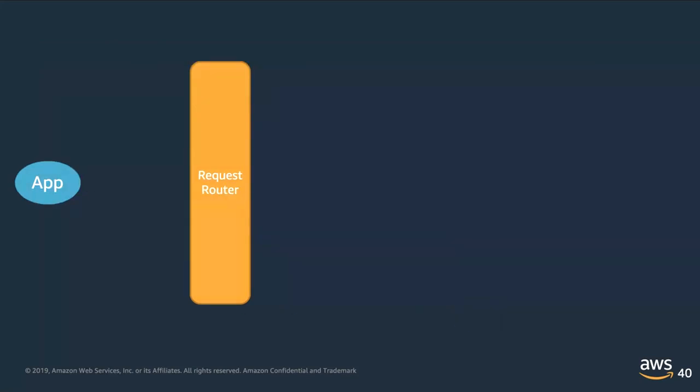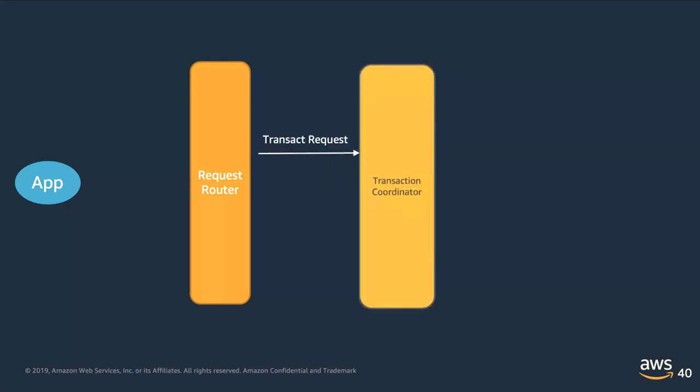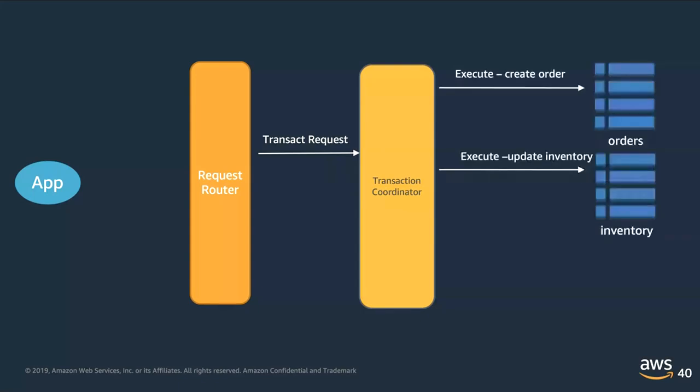Now, for transactions, what we did is, the transactional request from the customer is sent to the front end fleet, and then it is routed to a new fleet of transaction coordinators. The transaction coordinators pick apart the items involved in the transaction. In our case, there were 3 items that we were trying to update.